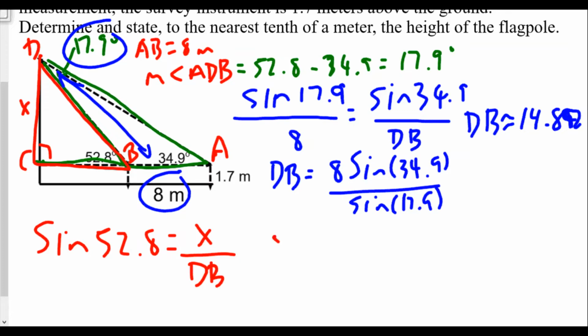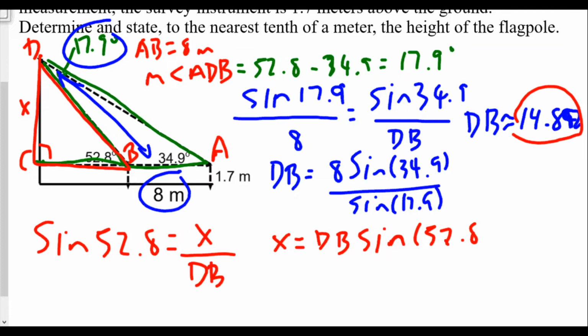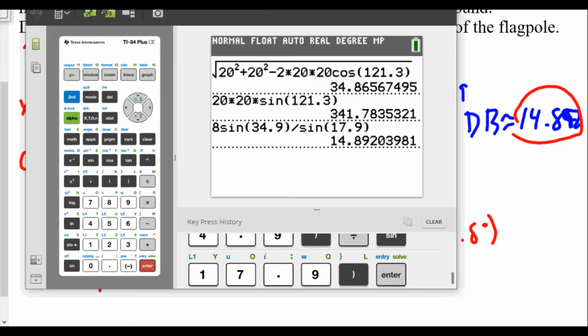So X is equal to dB, which is this measurement here, times the sine of 52.8 degrees. Okay, just cross multiply, right? And the great thing is that on my calculator, I already have that measurement stored. So let's go to the calculator.